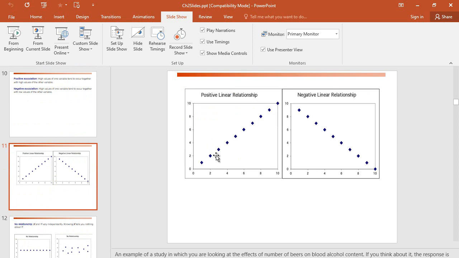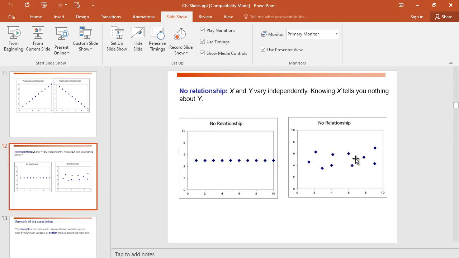One of them is a positive relationship, the other one is a negative relationship. In the first scatter plot here, as the explanatory variable increases, so does the response variable. Here, as the explanatory variable increases, the response variable decreases.